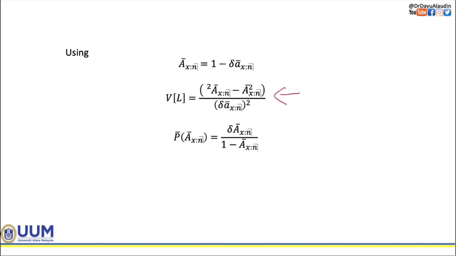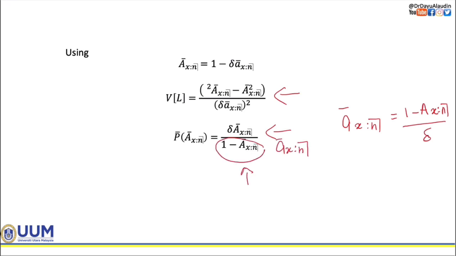As with the whole life premium, for endowment premium we also have the alternative formula: the annual temporary life annuity is equal to 1 minus endowment insurance divided by delta. We get this alternative formula.